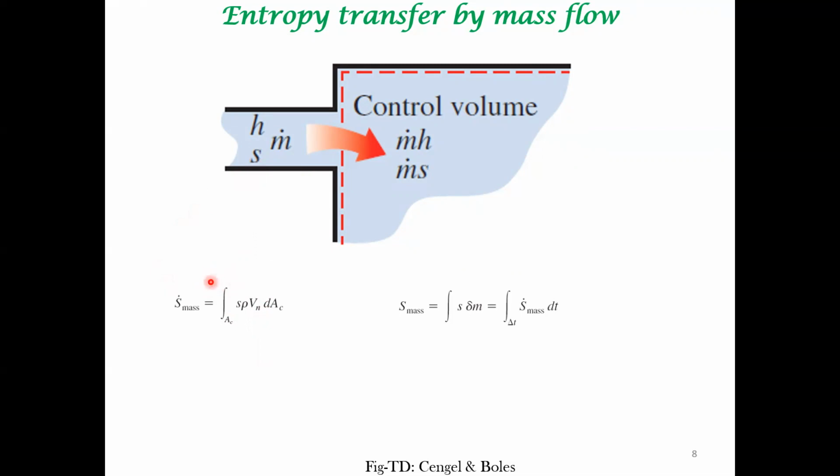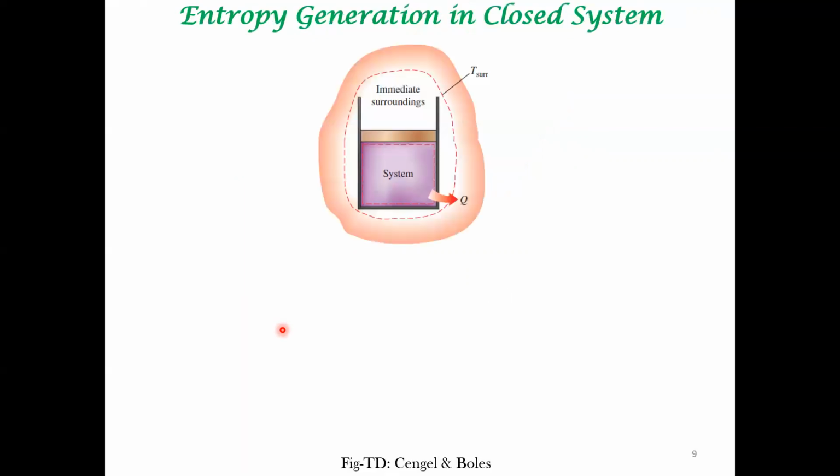Okay, so that will give you the net rate of entropy that is coming in due to certain mass flow rate. And you can further integrate it over a particular time differential to get the overall entropy transferred via mass flow.